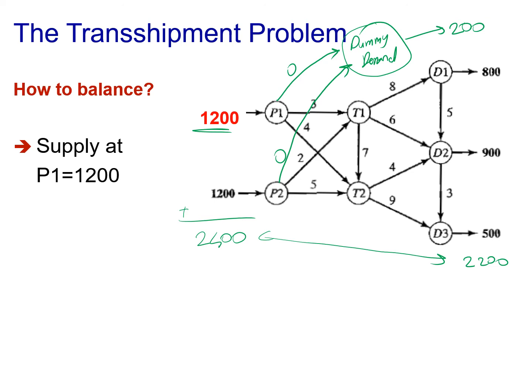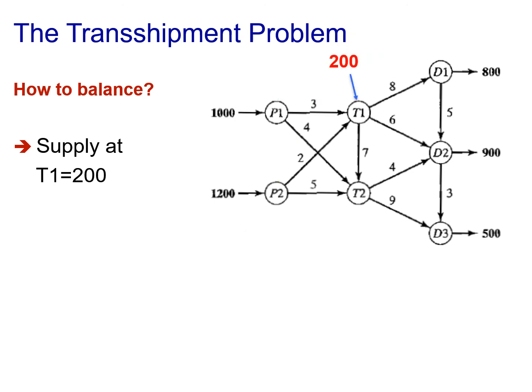For this example, since we are not sending these items to dummy demand in real life, the cost is usually assumed to be 0. So this is how we balance when the supply is larger than demand.